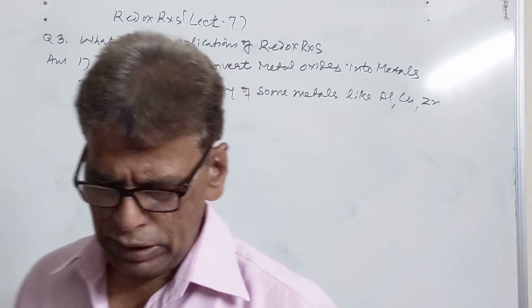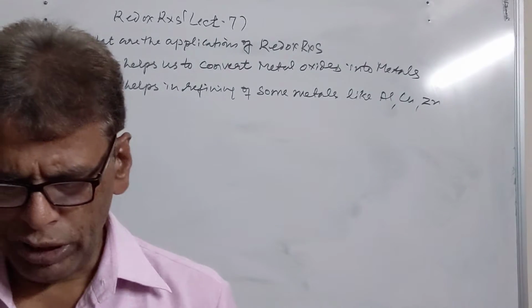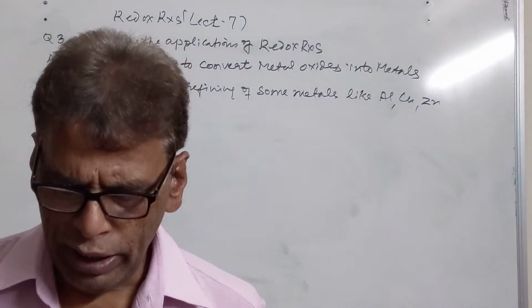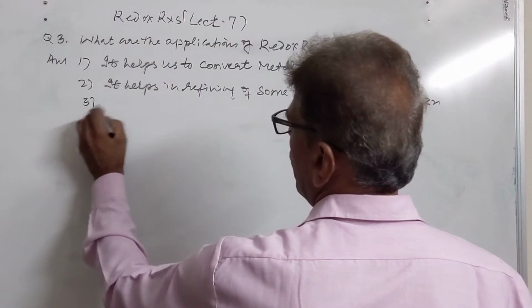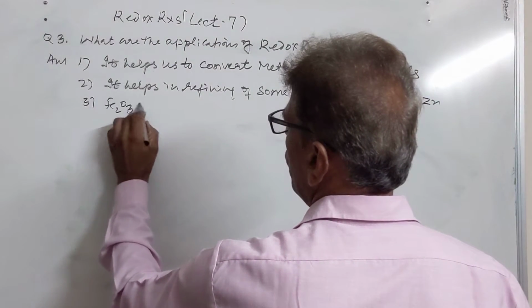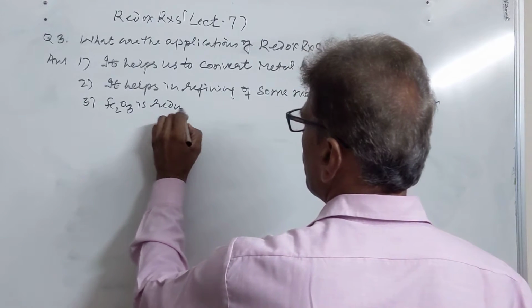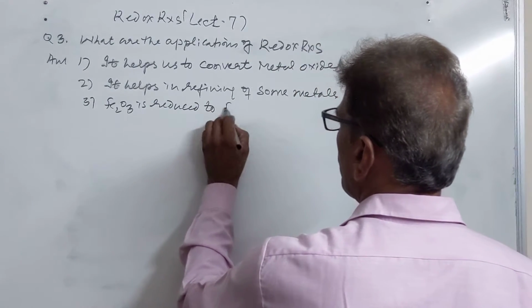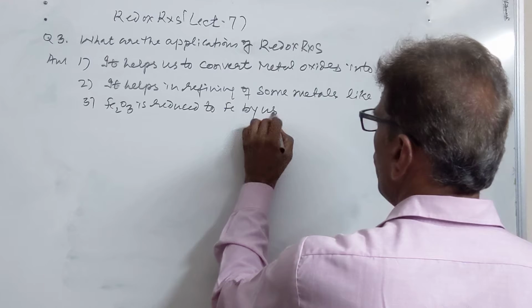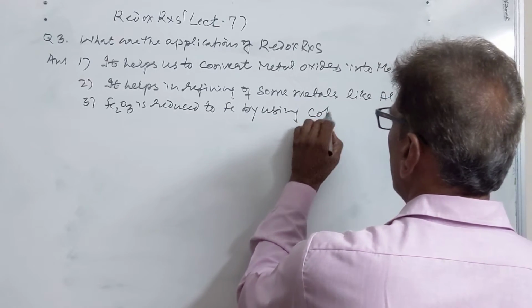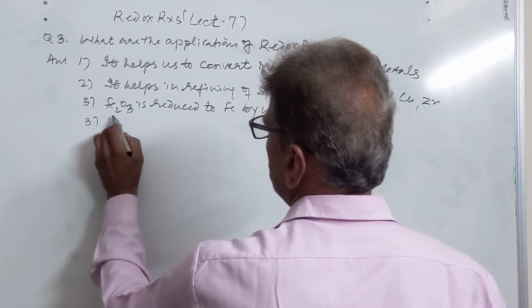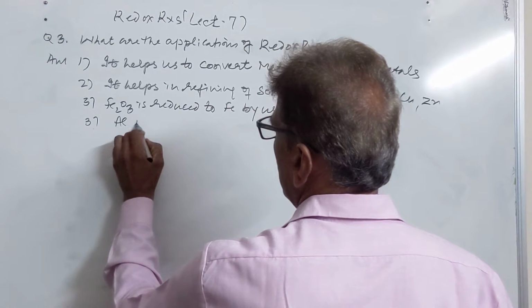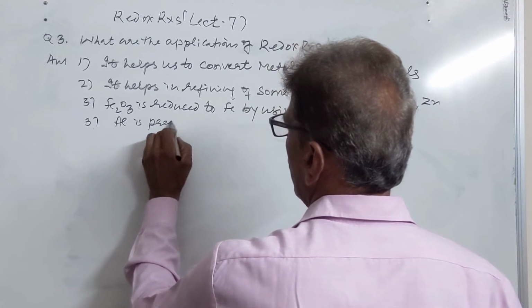So this is aluminothermy. Fe2O3 is reduced to iron in the furnace by using coke. Aluminium oxide is prepared through aluminothermy.